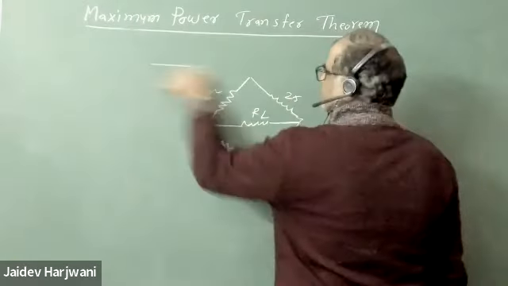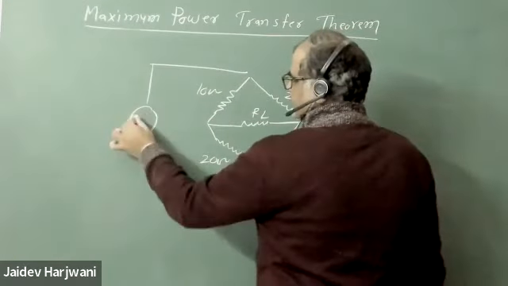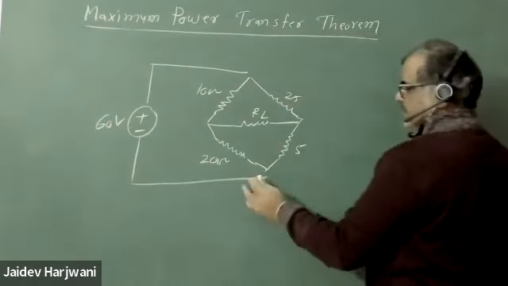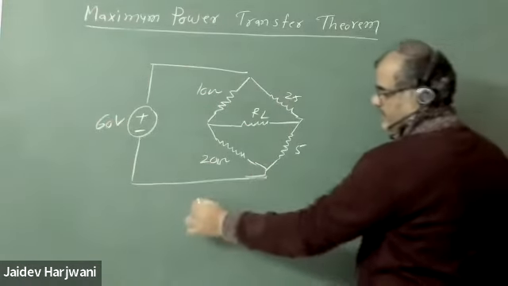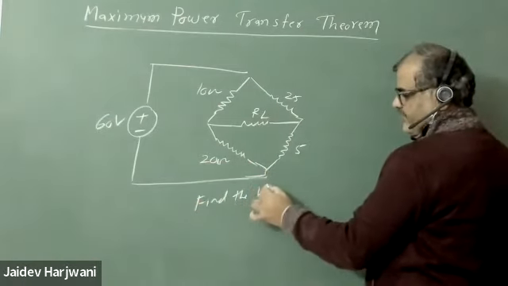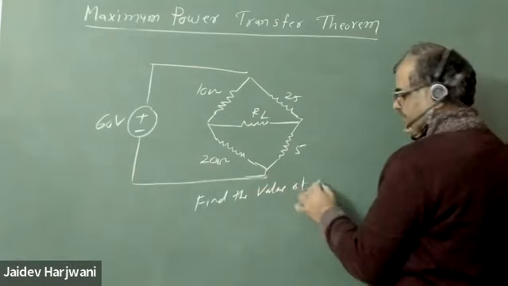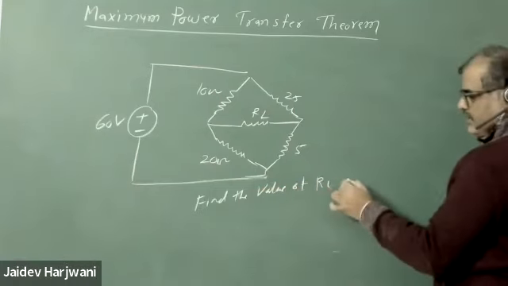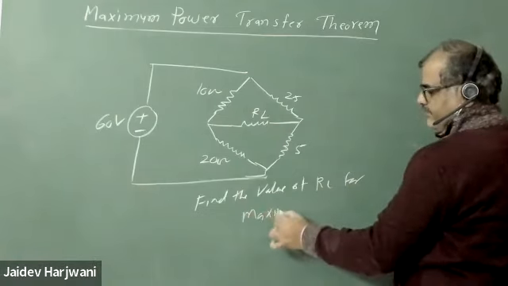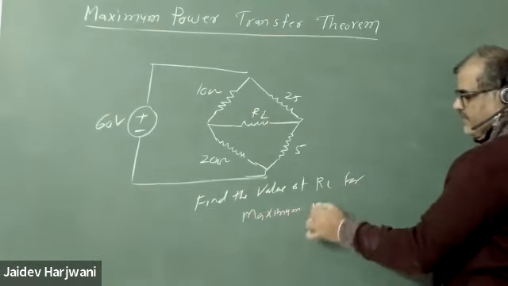and here we have a battery, say plus minus 60 volt. Okay. So he says find the value of RL for maximum power transfer.